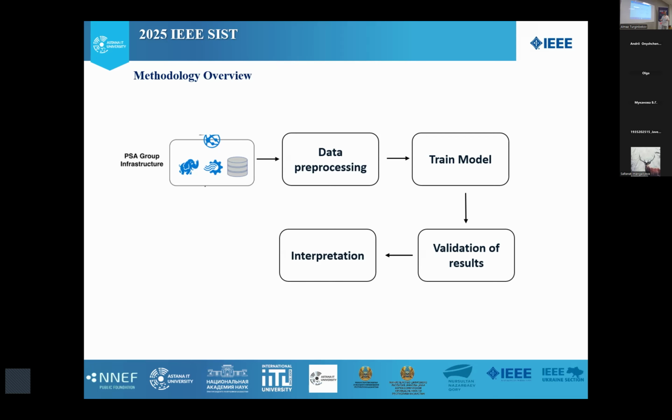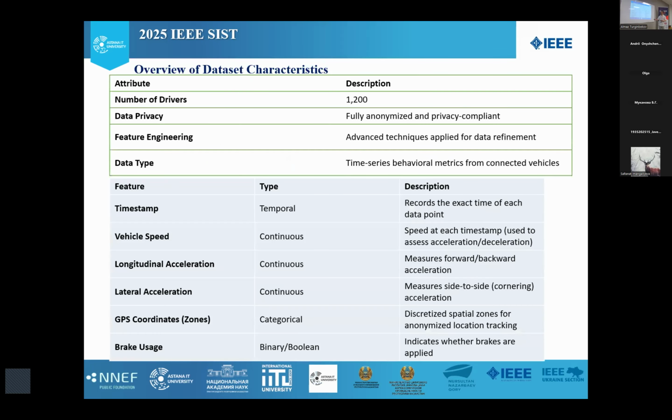For accidents, yes, we can predict an accident if you see excessive speed or heavy braking. If you use a lot of brake, you can predict the accident.